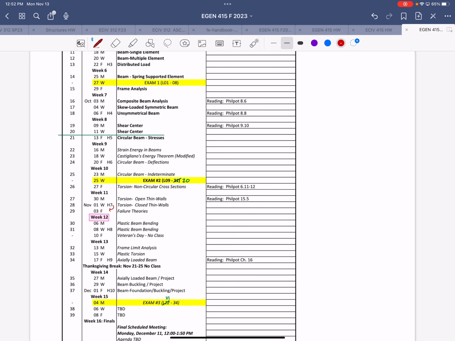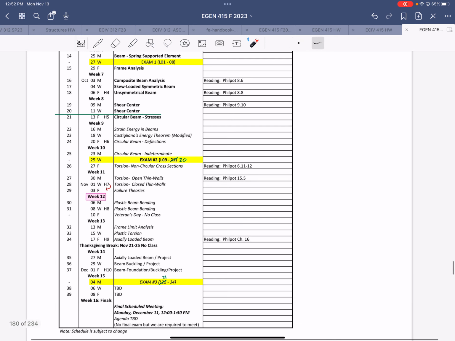I have it noted as being due on Friday. I think I'm going to keep it at that because the other option is to have 2 homework assignments due the week after Thanksgiving, and I don't think you want that. Is the homework going to be assigned before break? Yes, I will assign that before break.